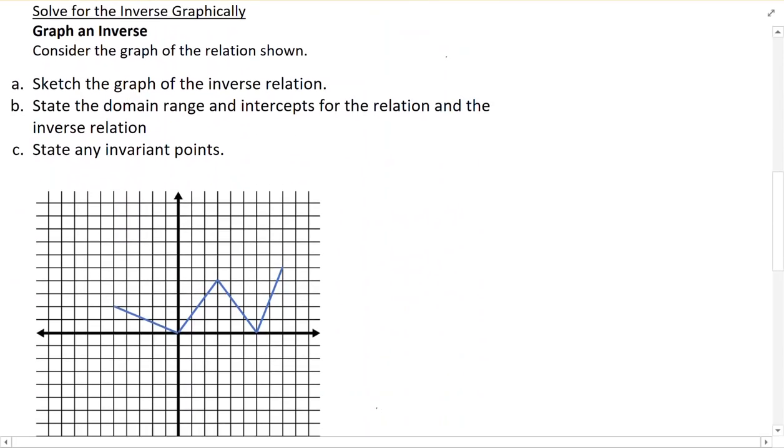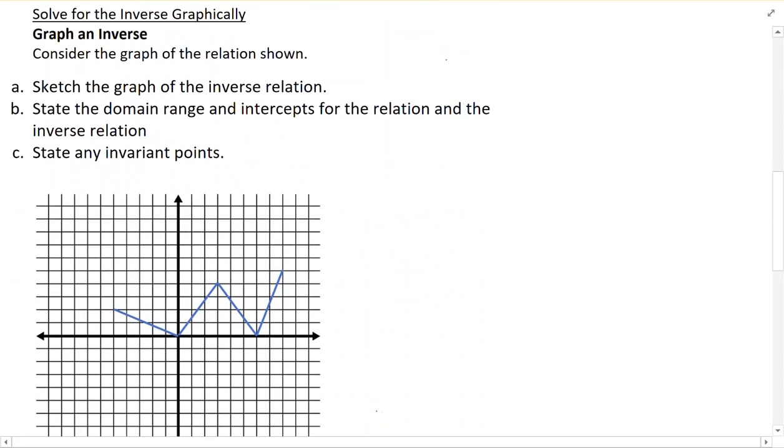So right now below here, we have a graph and we need to graph the inverse. So with this graph here, first we want to start by picking out our key points so we can actually figure out the inverse. So here are my 5. I'm going to be writing in green just because the graph's already blue.